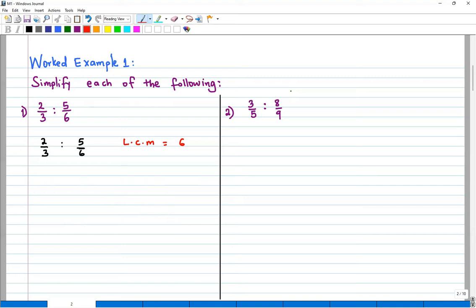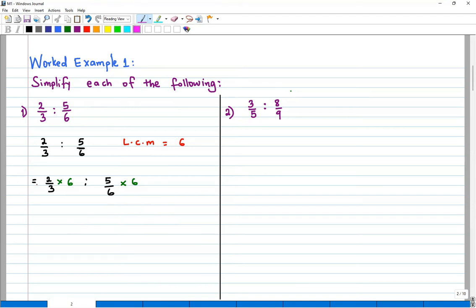Now, we are going to multiply each fraction by 6. So this means that we are going to have it as 2 out of 3 times 6 to 5 out of 6 times 6. You see that?